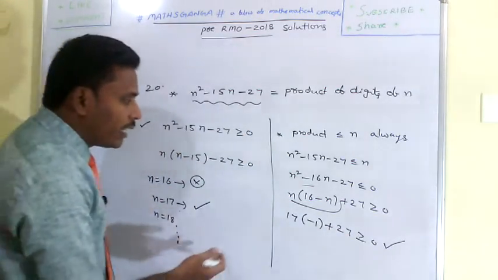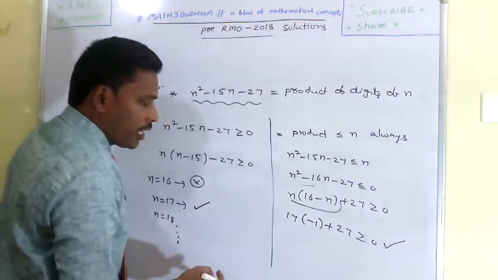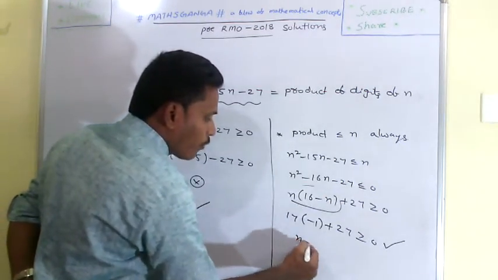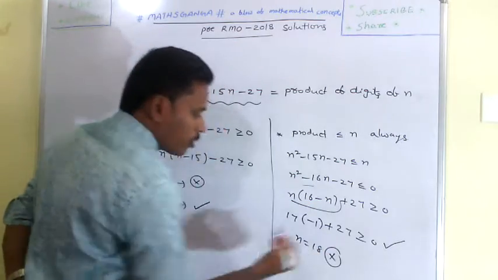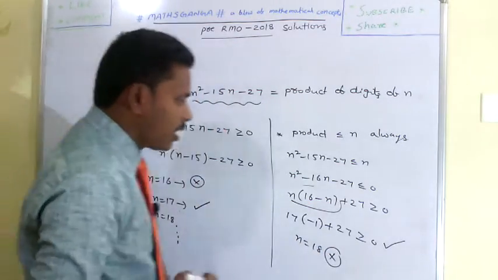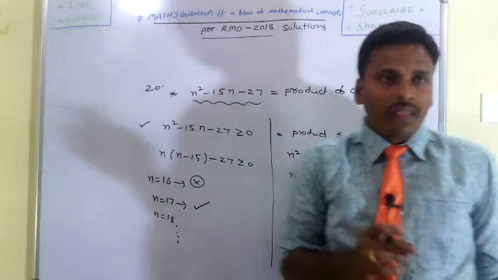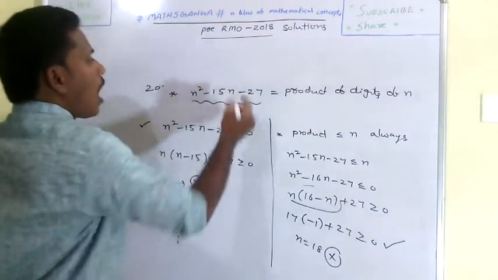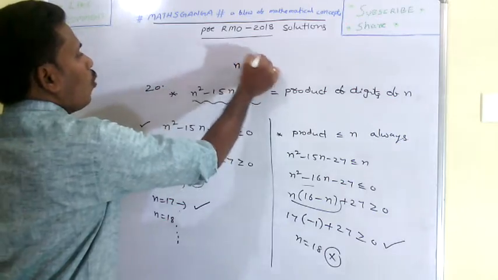Whereas if you place 18, 16 minus 18 is minus 2, times 18 is minus 36, plus 27, so if you replace n with 18, this is also not possible. So in both cases, the situation is okay only when the value of n is 17. So finally, what I conclude is that the value of n is 17 only.